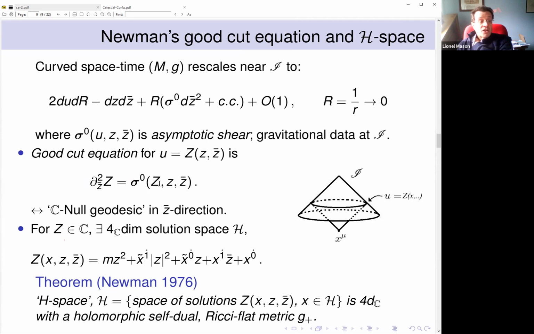So what a good cut is then is that it's a cut of Scri that's ruled by null geodesics, but in the Z bar direction. And this gives an elliptic problem for two surfaces in Scri. You have to complexify in U because this sigma here is complex, so Z has to be complex in order to solve that equation.